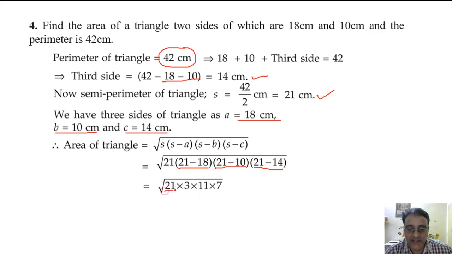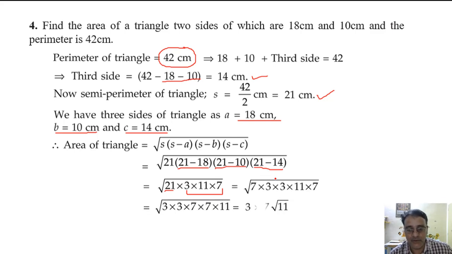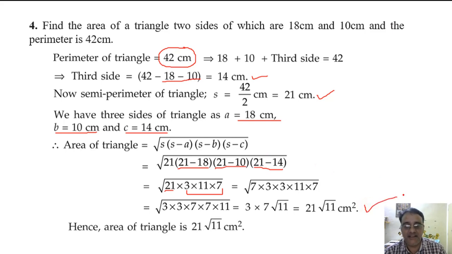Okay. Now 21 or 21. This is also 21. So we can take out from the square root. So what will be the final answer? 21 root 11. Right, 21 root 11 centimeters square. Hence the area of triangle is 21 root 11 centimeters square. Any doubt in this question?